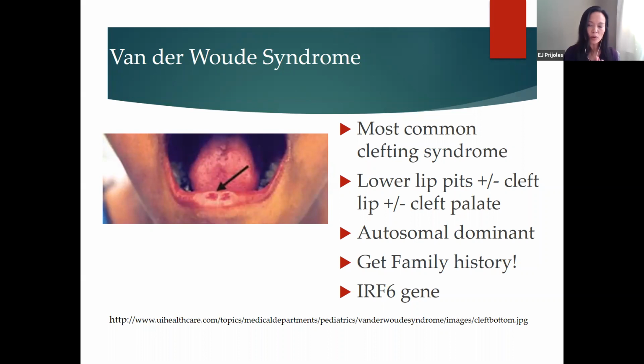So it's really important when you find an individual with a cleft lip and palate to ask about family history, about any minor features of cleft, as well as lip pits, because that is a big clue that this is part of a genetic syndrome rather than a multifactorial cause for cleft lip.